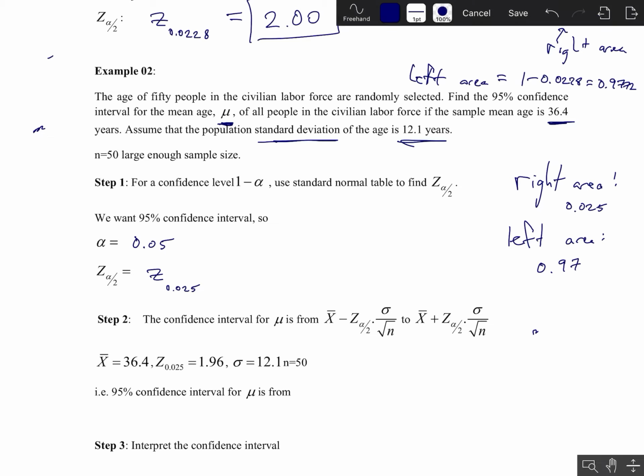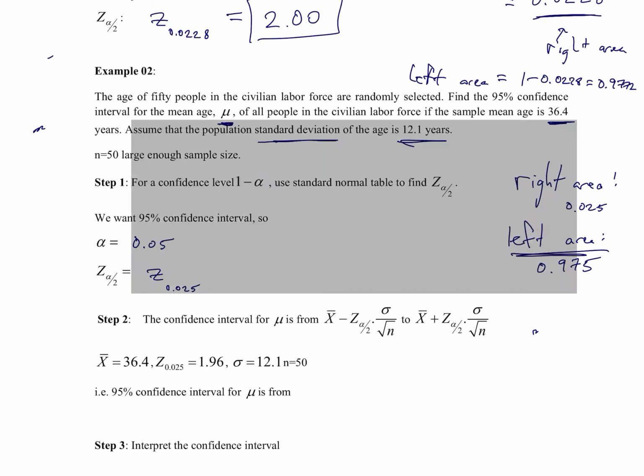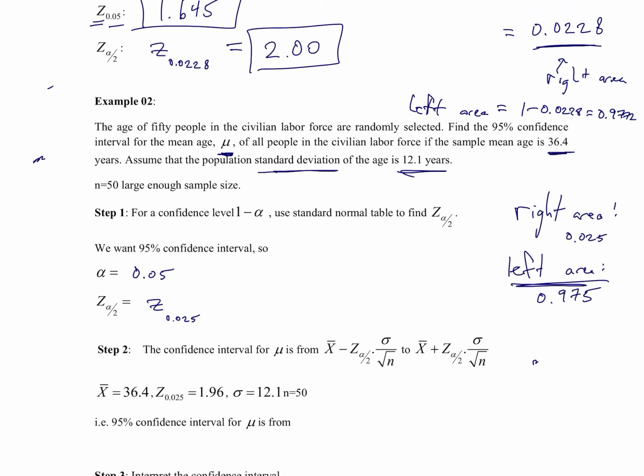No, that's not right. Sorry. We want a right area of, oh no, that is right. Sorry, I shifted a decimal place for some reason. Okay, so we have a left area of 0.975. That's the area that we want to look up in the table, because remember the table is a table of left areas. So I'll look that up in the table, 0.975.